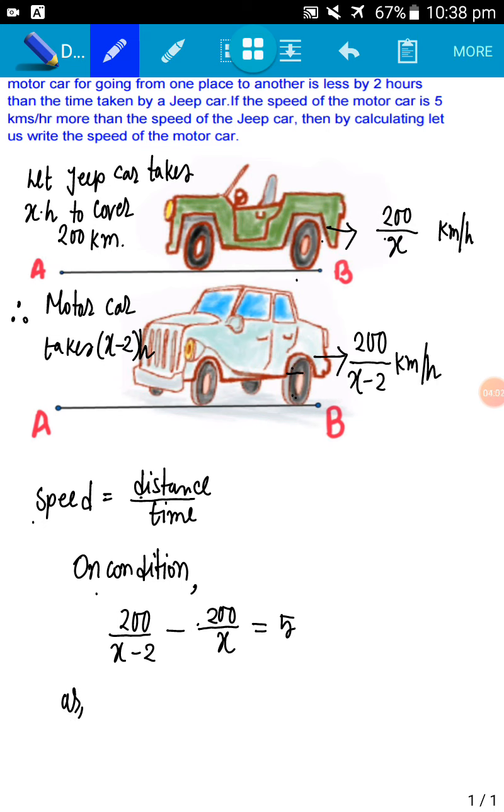So here we have to do the LCM first. The LCM should be x into x minus 2. So first 200 into x and minus 200 into x minus 2, equals 5.